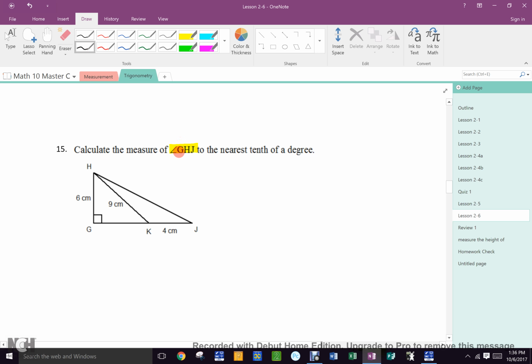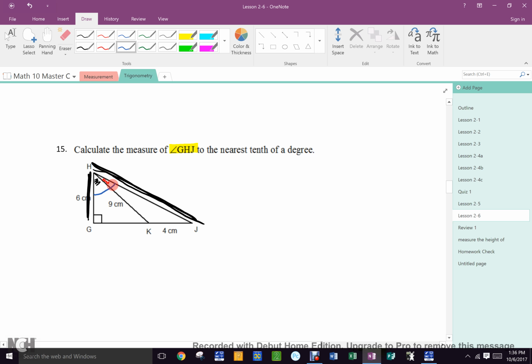I have to go from G to H to J. G to H, easy peasy, yes? No. H to J is way down here, yes? So do I need the black angle, the red angle, or all of it? I need all of it.